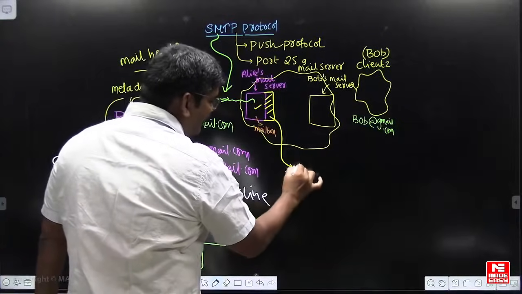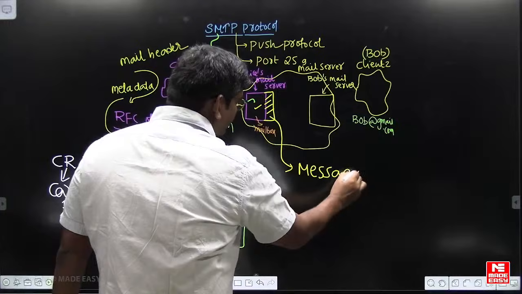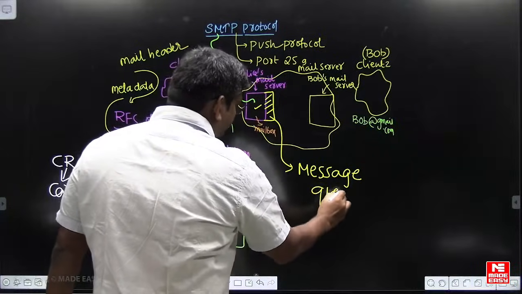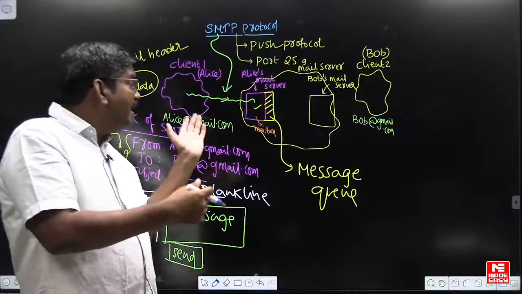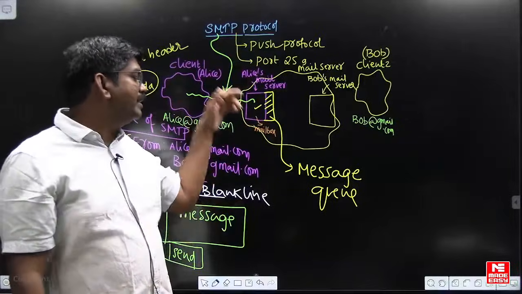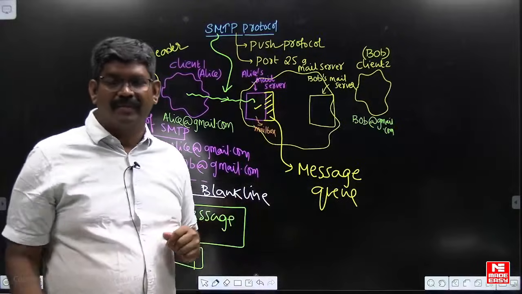This is called the message queue. So the user agent is sending the mail to Li's mail server and storing it in the message queue. This question also they can ask.